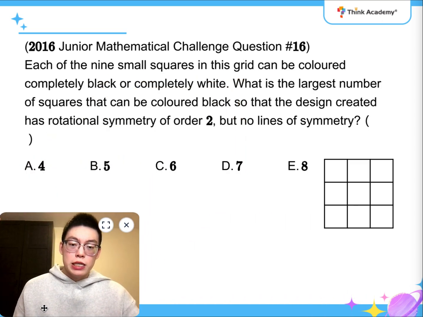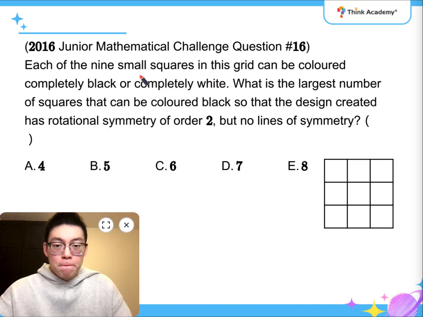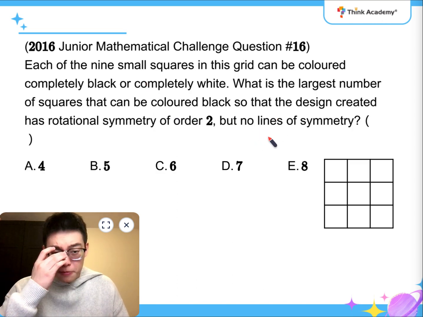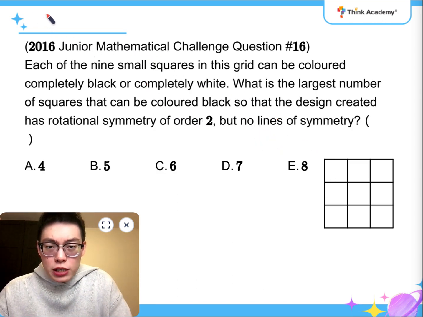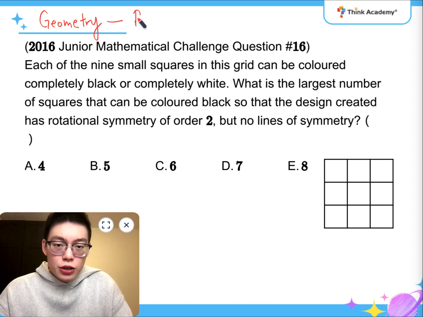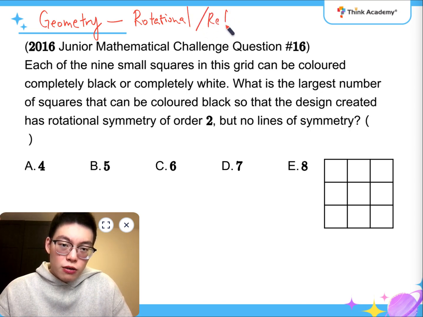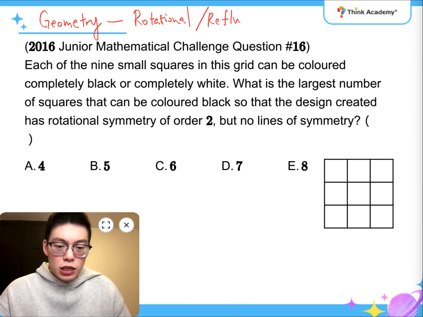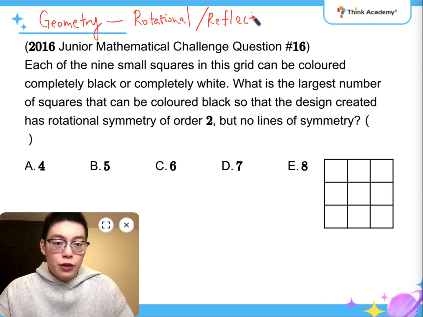So this one is going to be about some symmetry, alright? So I would say that it's a geometry question, definitely. And it's related to either rotational symmetry or reflectional symmetry, because it's going to be about both of them.